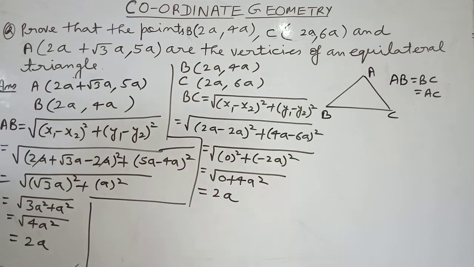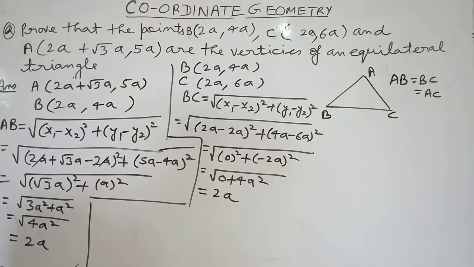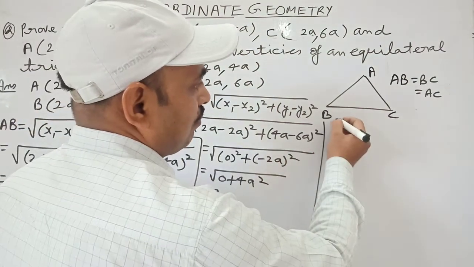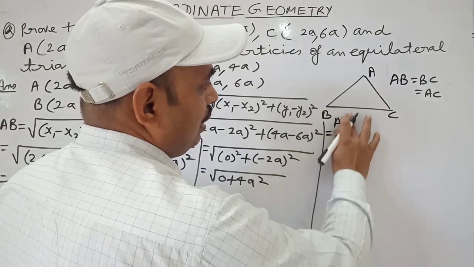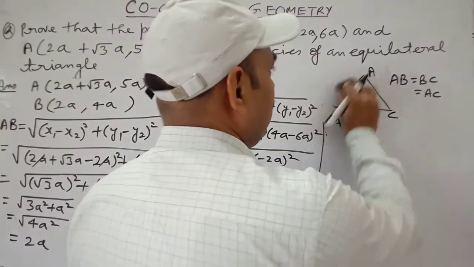Now we will find what? Now we find the third side AC. What is the coordinate of A?